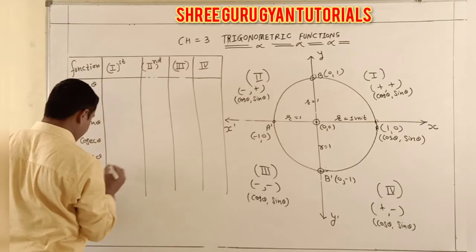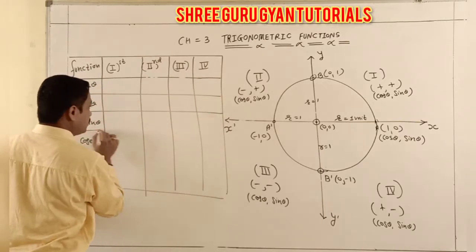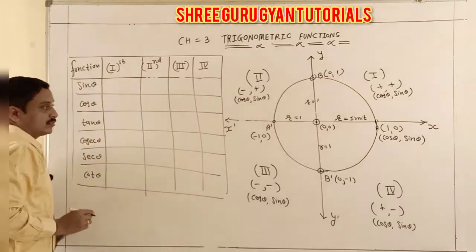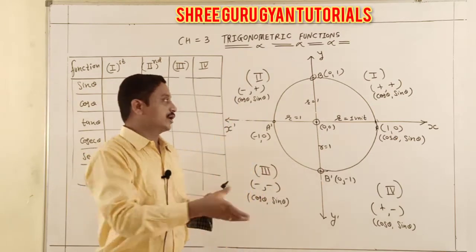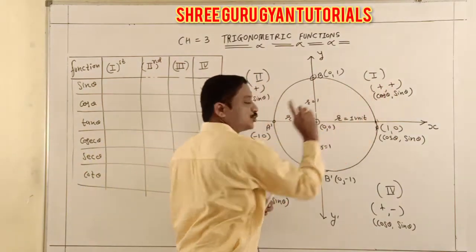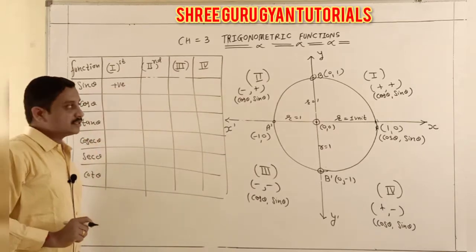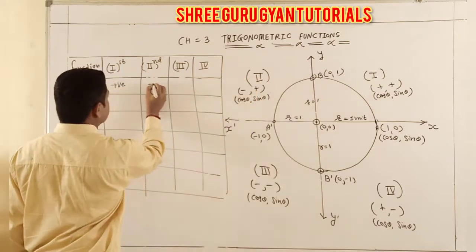Students, here I define all the signs one by one symbolically. First I go to the first quadrant. In the first quadrant, sin theta is positive, so here I show it is a positive value. Same as sin, in the second quadrant it is positive.